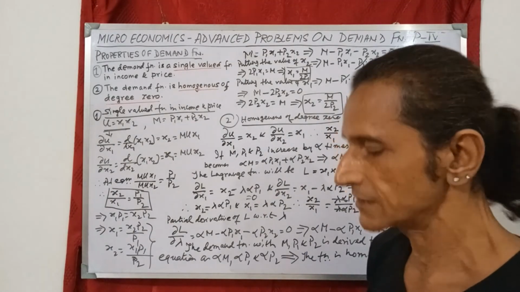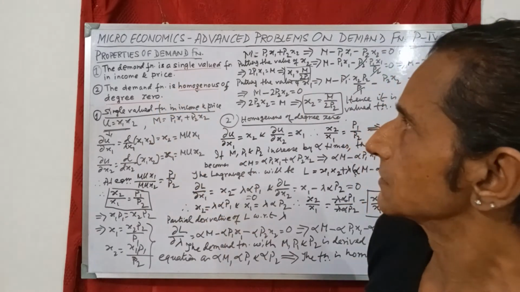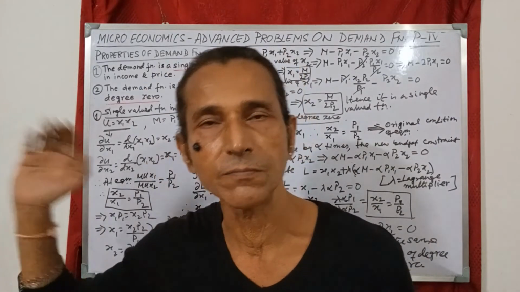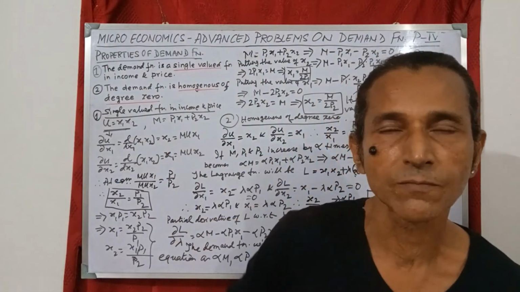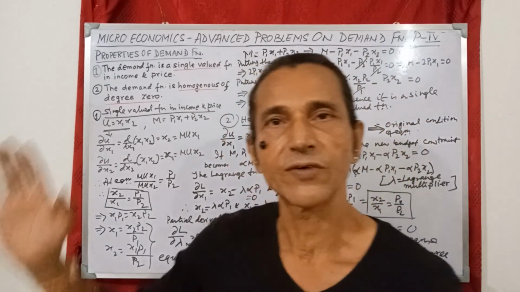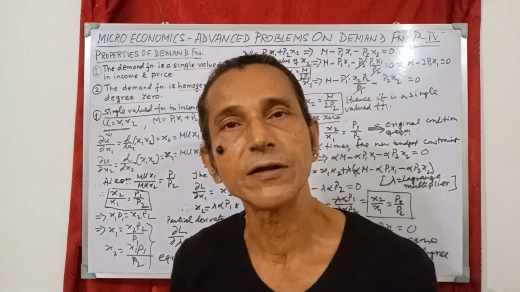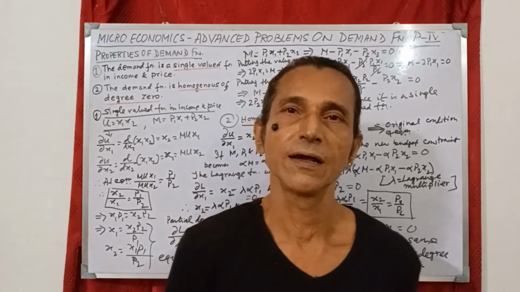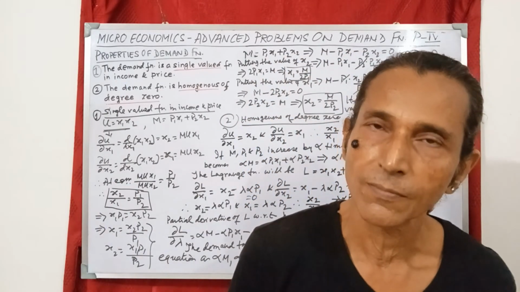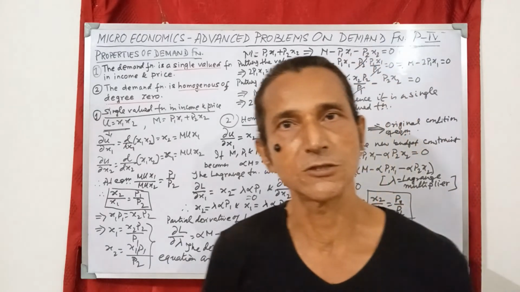So, ladies and gentlemen, we have proved these two properties. Property number 1 is that the demand function is a single valued function in price and income, and property number 2 is that the demand function is homogeneous of degree 0. The first property means that for a given income of the consumer and for a given set of prices of two commodities, there will be only one value of the quantity purchased by the consumer.